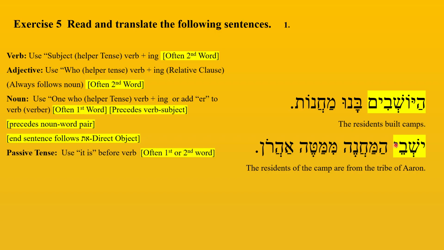So you know this is plural because you've got the yoshvei, you've got the ei ending. Okay, so this is part of a word pair. So here you have the residents of the camp. All of that makes your whole subject. The residents of the camp. So there's still no verb. From the tribe of Aaron. Still no verb. So you need that to be a verb put in there. So the residents of the camp are from the tribe of Aaron.